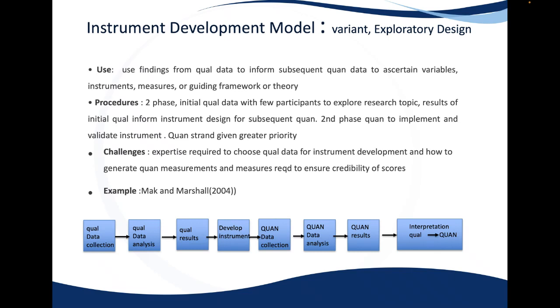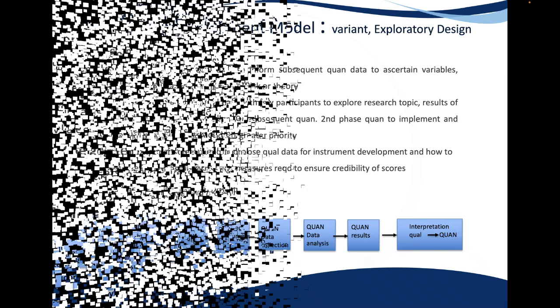Let me use my qualitative outcomes to help me develop the instrument that I will use for quantitative data collection. So this is a variant of exploratory design. It's very common, and many students actually describe it in their research. They'll say, oh, I'm expecting to do a qualitative followed by quantitative study, but I can't tell you what my quantitative survey will look like until I've done the qualitative study. So that is the instrument development variant of an exploratory design.